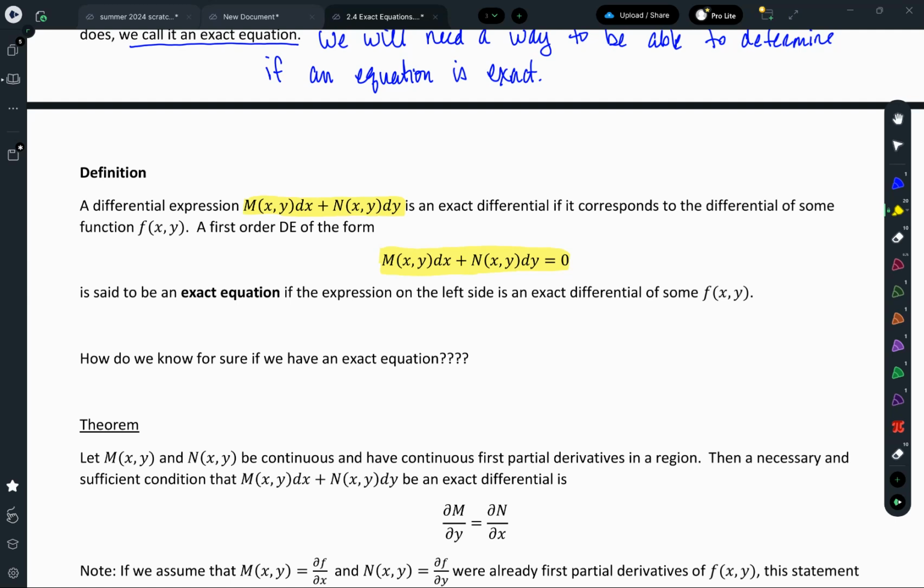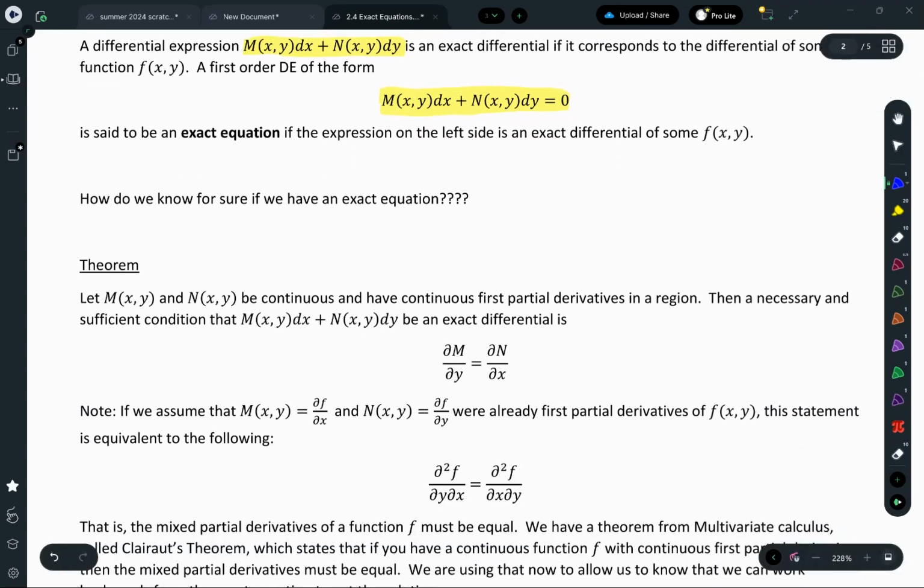But how do we know for sure if we have an exact equation? Because that definition did not actually help to know how we would know. So here's our theorem. We're going to let M of x,y and N of x,y be continuous and have continuous first partial derivatives in some region.